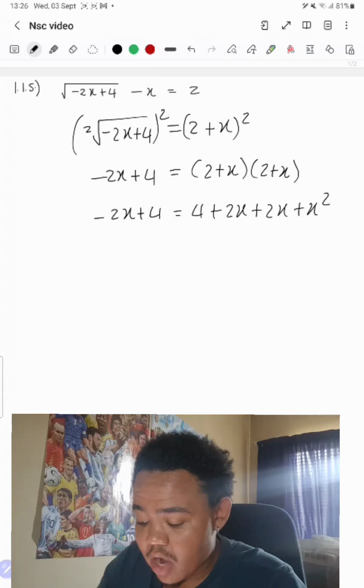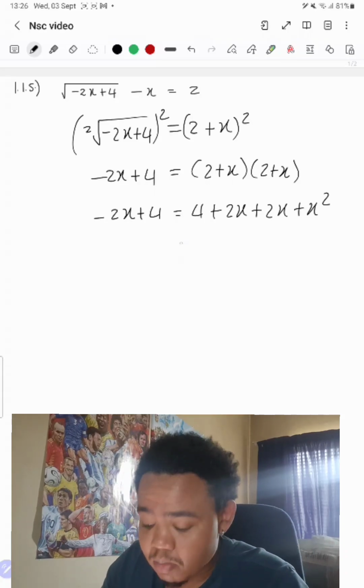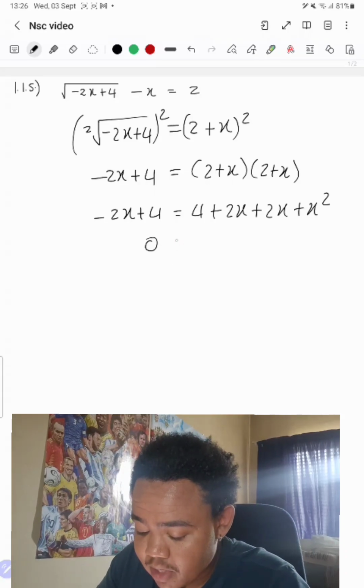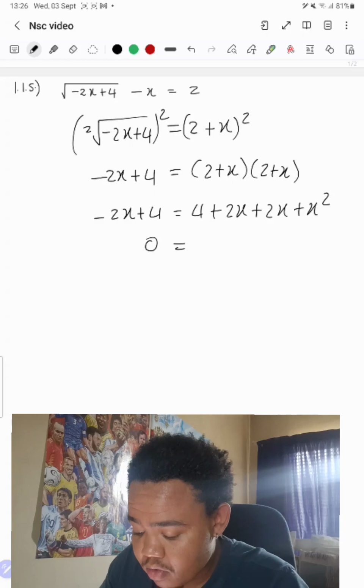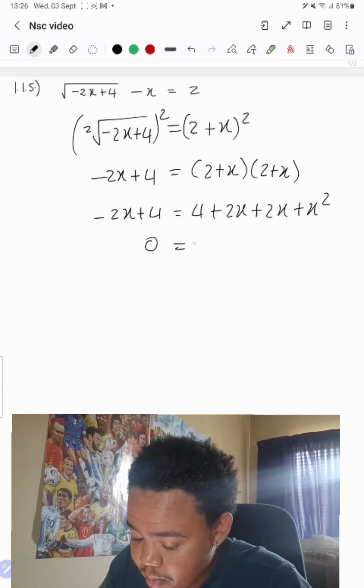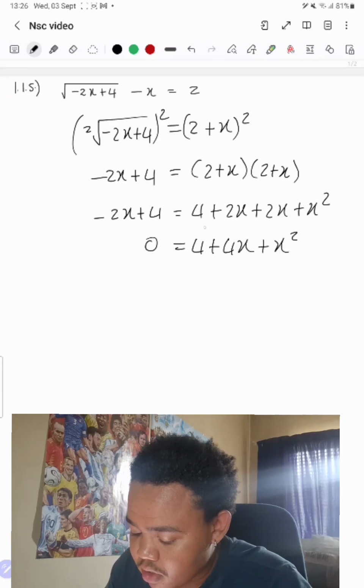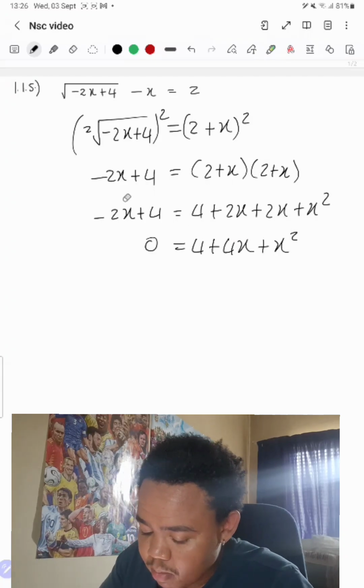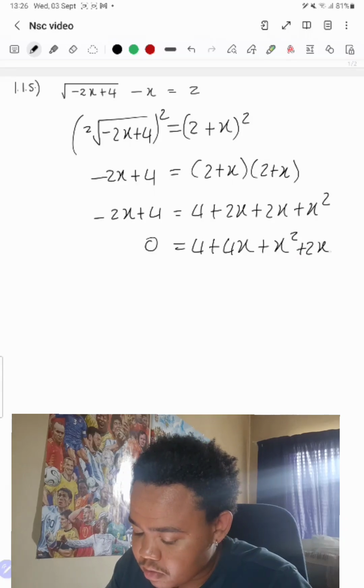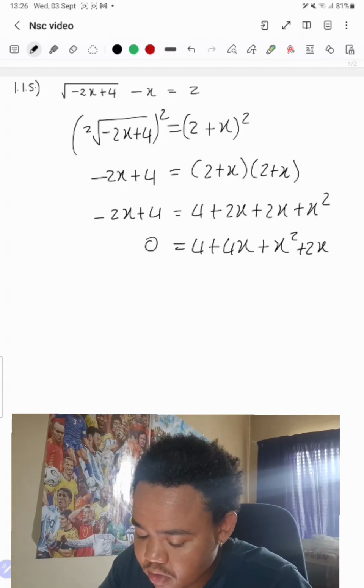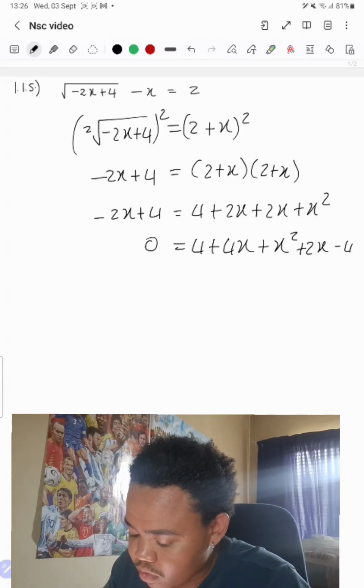And now we are basically with basic algebra. So what I'm going to do is make 0 my subject of the formula, or equal it to 0. I'm going to bring that over. So 4 plus 2x plus 2x gives you 4x plus x squared. We bring that over now, bringing this one over. It becomes 2x now because it was minus on that side, and that becomes minus 4 here.